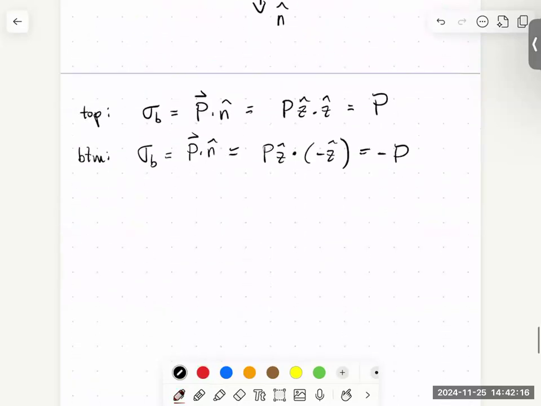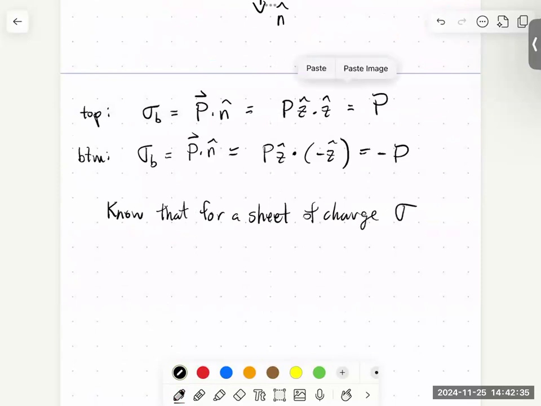Yeah, sigma over 2 epsilon naught. Yeah, that's right. So we know that for a sheet of charge, yeah, that's right.